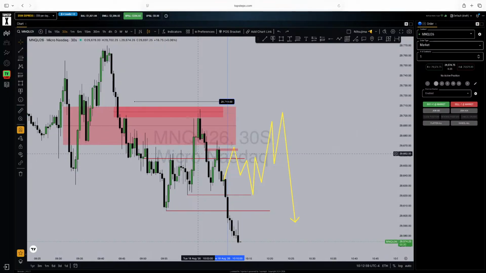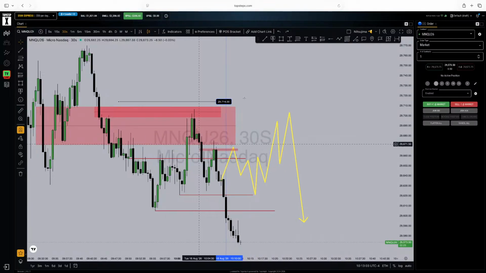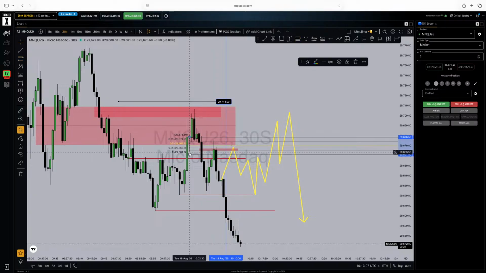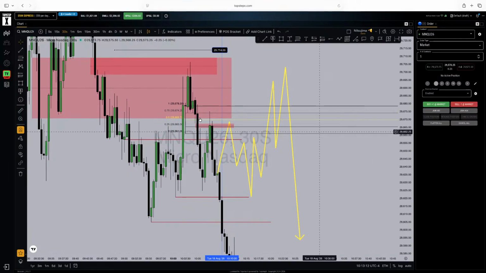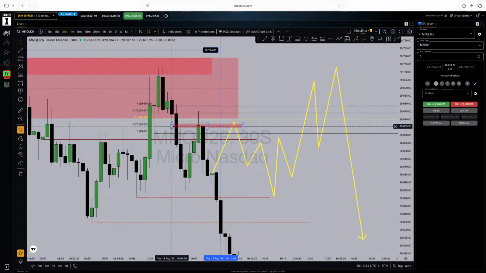So whatever happened in this wick was the last little bit of push that pushed it up there. So grading that wick in quadrants, we have the inefficiency that's lined up right at the 75% of the wick.